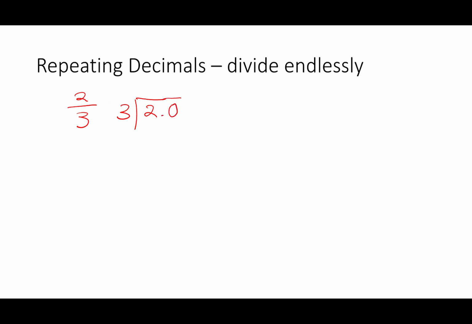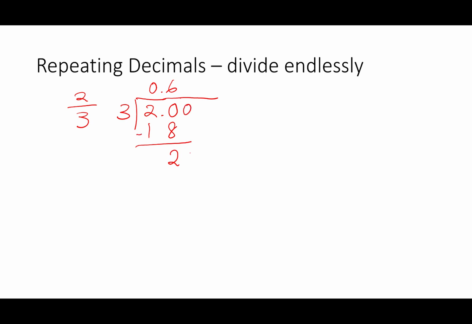We need to add one more trailing 0. So we make 2 into 20, so 20 divided by 3, we get 6, which is 18, and we are left with 2.